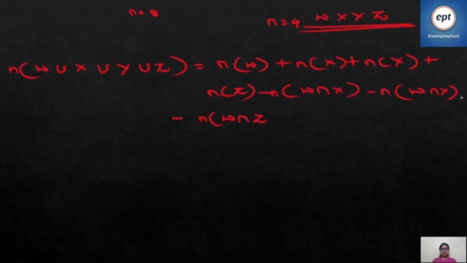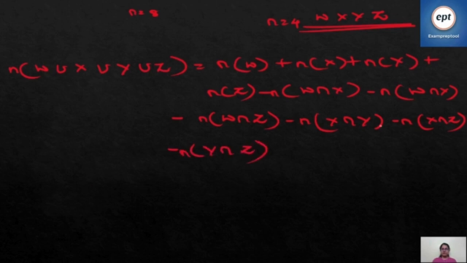So X taken, Y taken, and Z is left. After that we will again subtract the number of X intersection with Y and the number of X intersection with Z, and the left one for the 2 pairs is the number of Y intersection Z. Now we have taken 2 pairs.